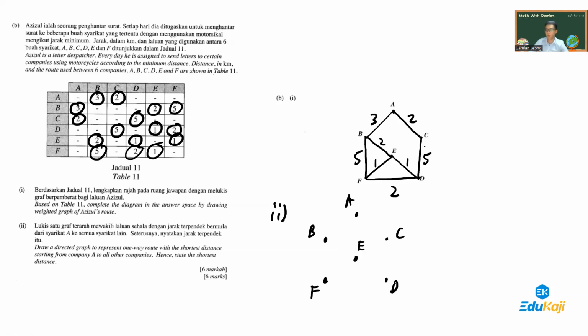So A, shortest, will be going to C. Then if I take C to D, I'll use a 5. So let's try to avoid that actually. So I'll go from the B way. And from B to E, that'll be 2.